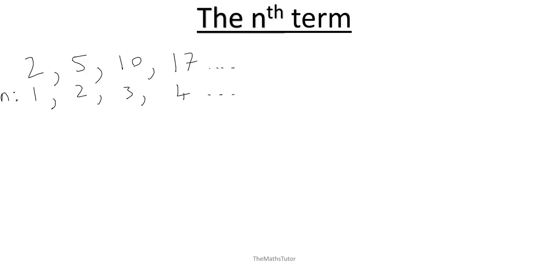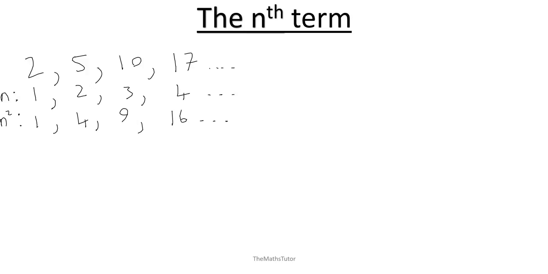This should immediately ring alarm bells, because plus 3 is not the same as plus 5, is not the same as plus 7 to get to this 17. So this should immediately tell you that this is not a linear problem anymore, because these common differences are different. Then you write out a row of n squared values, where you just square these numbers here. So you'll get 1, 4, 9 and 16.